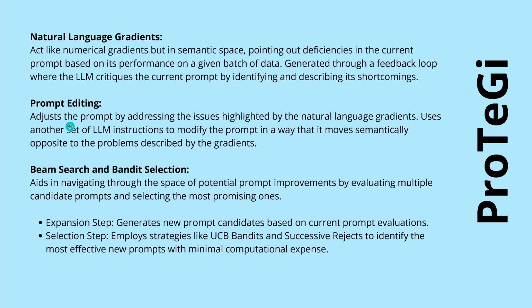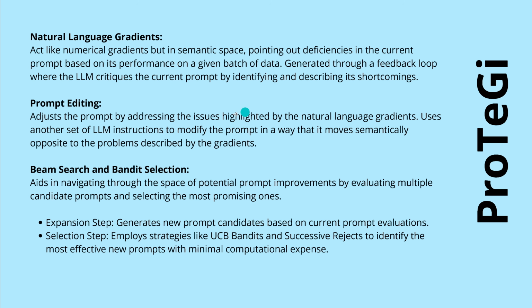So prompt editing, so adjusting now the next iteration of a maybe better prompt by addressing the issues highlighted by the natural language gradients. It uses another set of LLM instructions to modify the prompt in a way that it moves, careful, semantically opposite to the problem described by the gradients. So if, let's say, GPT-4 says, hey, GPT 3.5, in your answer you forgot a fact, yeah?